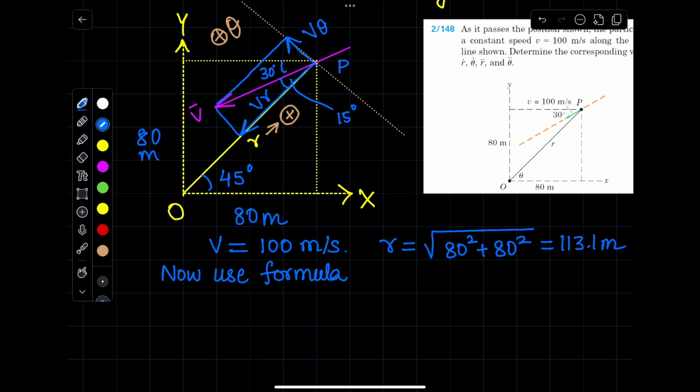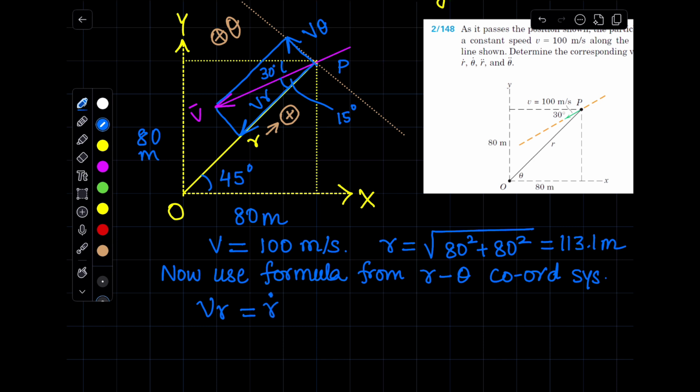Now we will use the formulas from the r and theta coordinate system. As I said, r and theta coordinate system problems are very easy because it all depends on a correct vector diagram and on the formula.